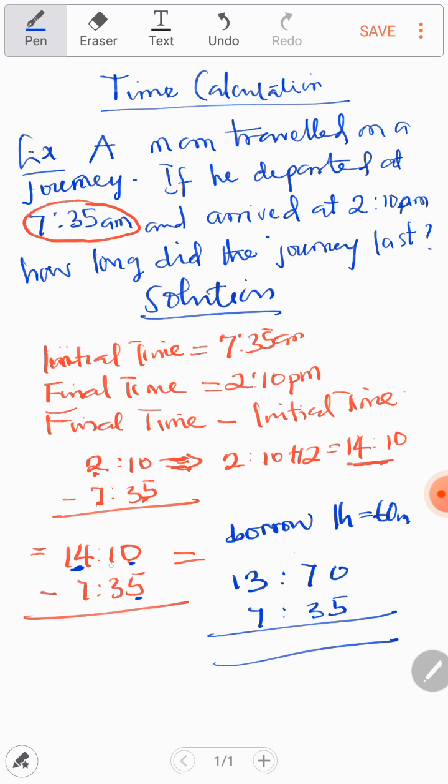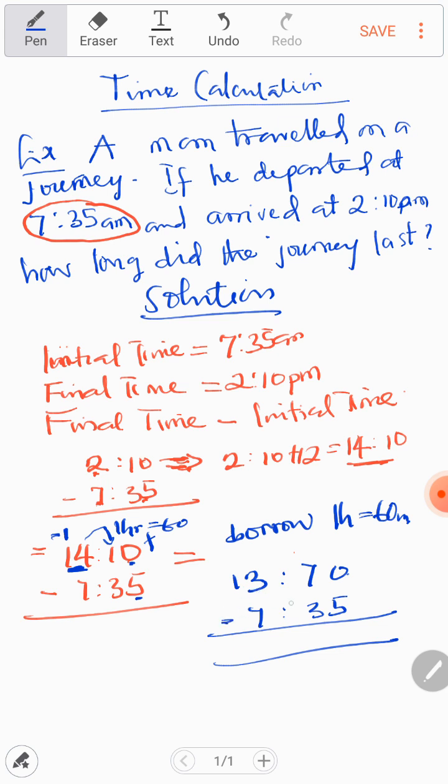We had to come to this 14 here and borrow 1 hour to join this 10, okay, which is 60 minutes. So if you add 60 minutes to this 10, it becomes 70. So you now have 70, and remember that you have taken 1 hour from here, so this is minus 1. You are going to have 13 hours left.